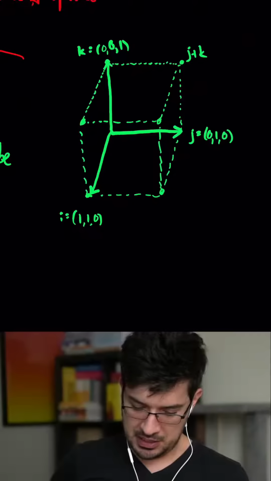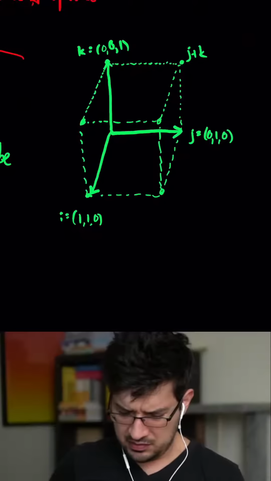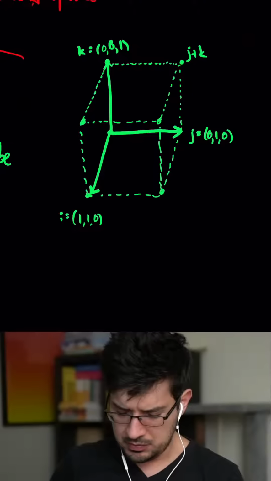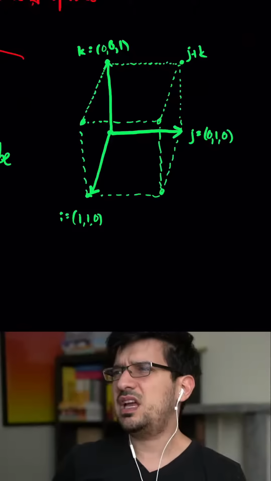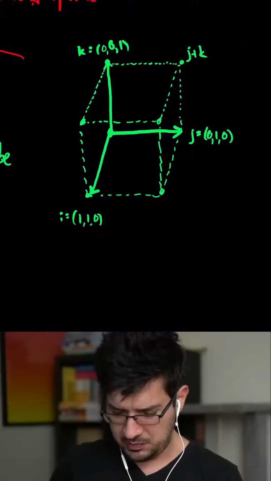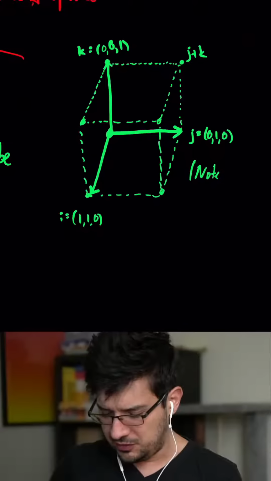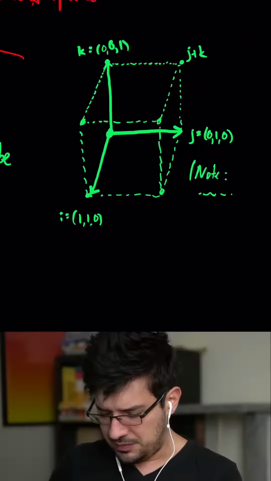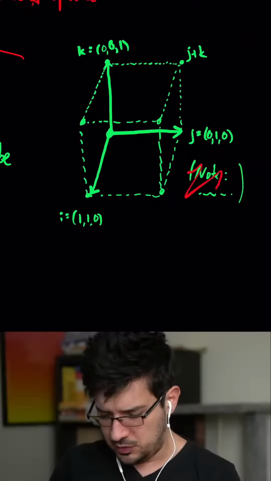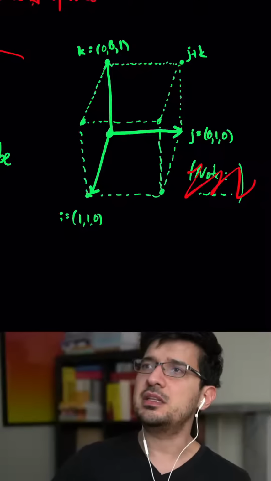Yeah, it's at the bottom. There's a little note right here, and it's confusing me. So I'm not even going to read it. Ignore that note. It doesn't need to be there at all.